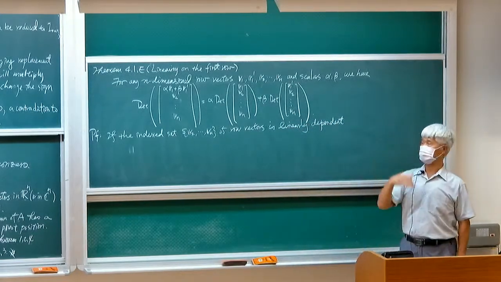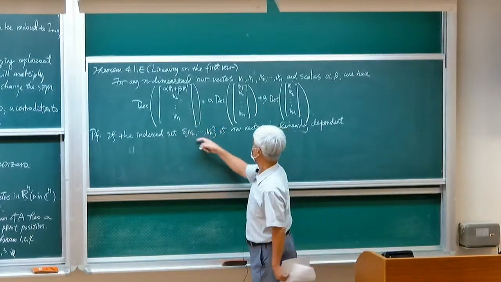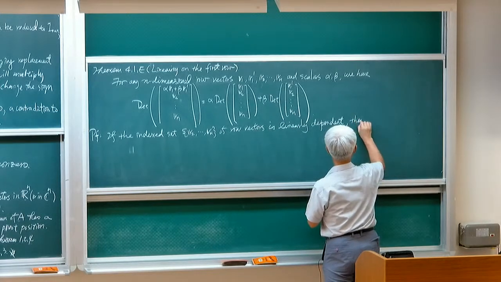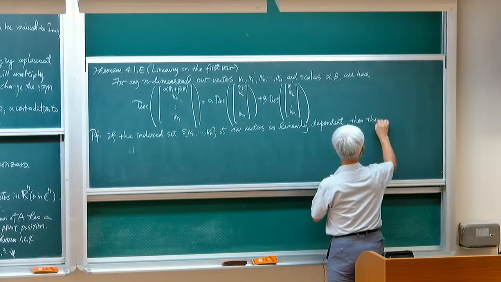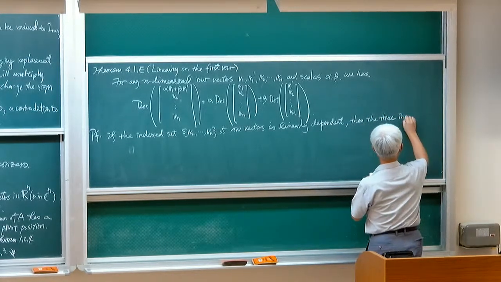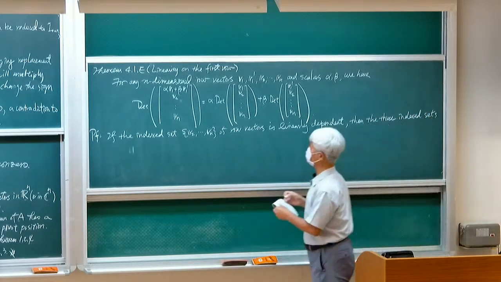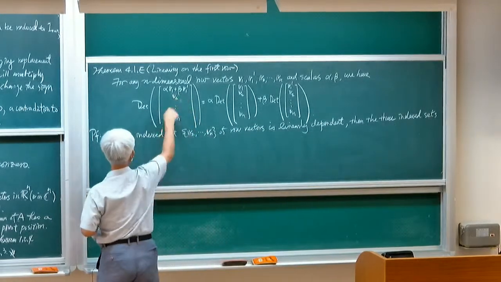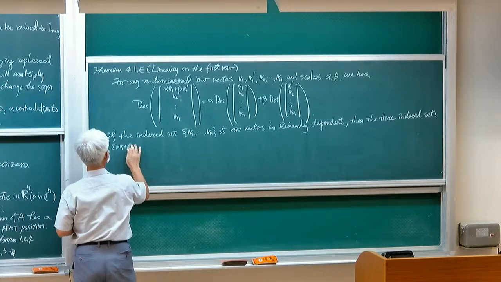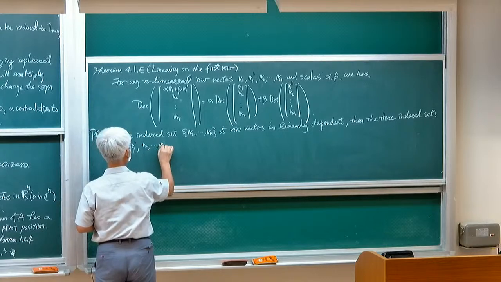So if the index set of n minus 1 vectors is linearly dependent, then the three index sets here, the first one is alpha R1 plus beta R1 prime, R2 up to Rn.